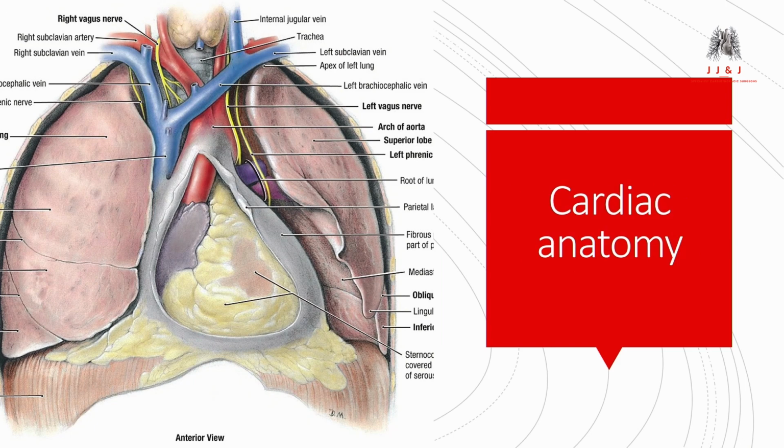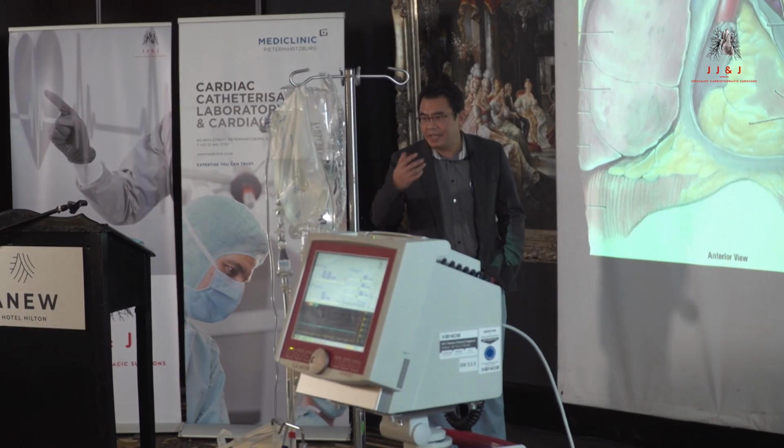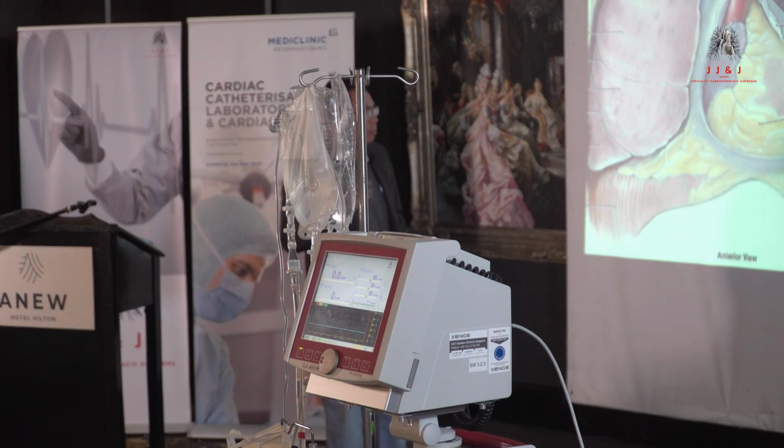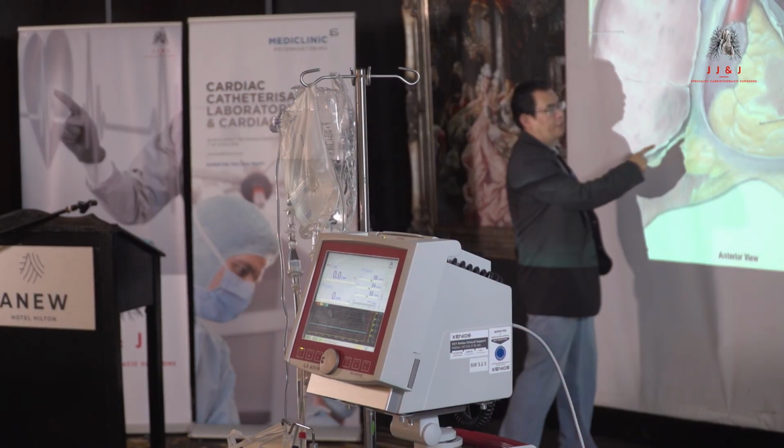So for you to understand cardiac tamponade, you need to understand cardiac anatomy. This whole protective measure is also the culprit of the problem, and that's what we call the pericardium.